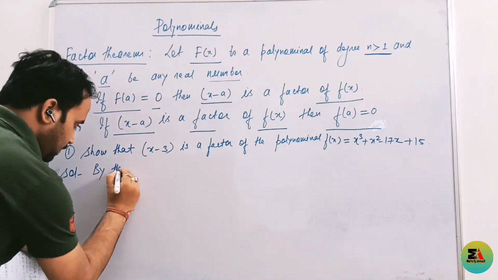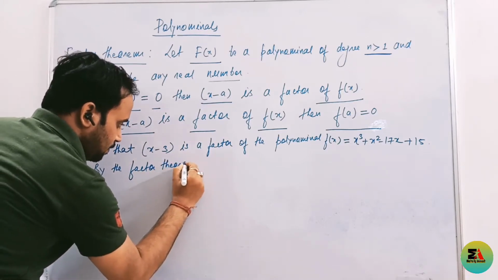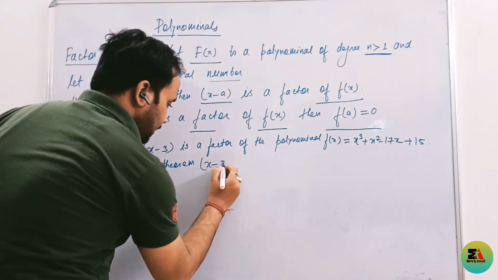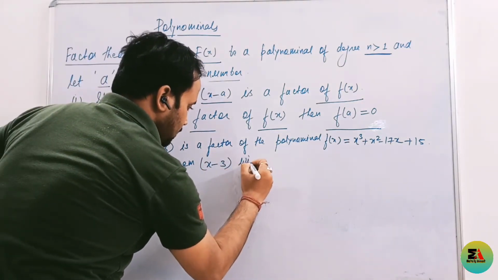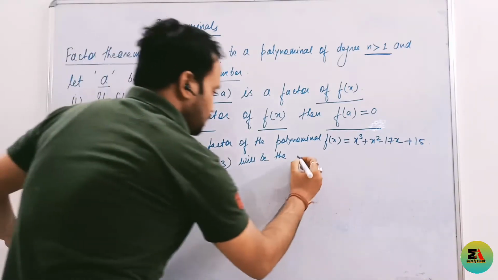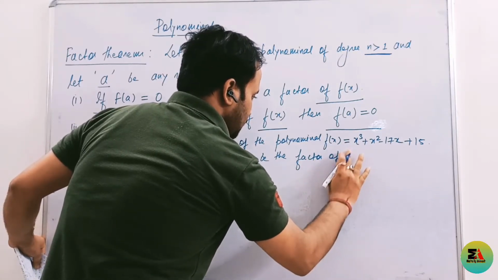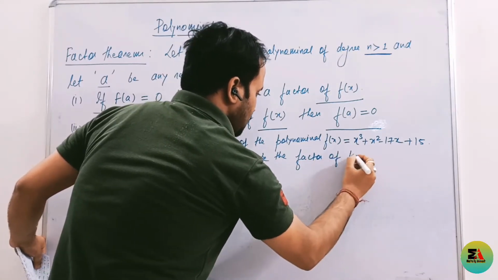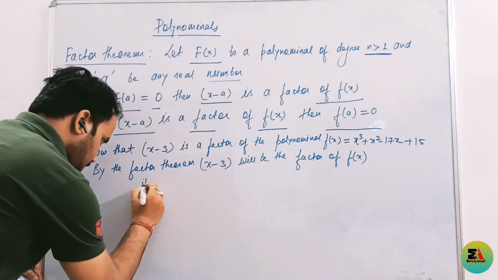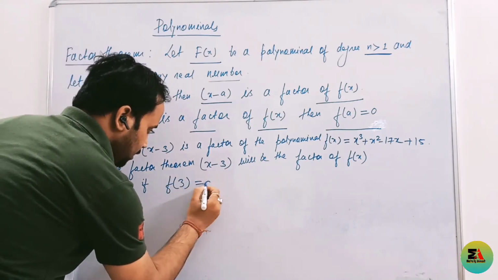By the factor theorem, x minus 3 will be a factor of f(x) if f of 3 is equal to 0.